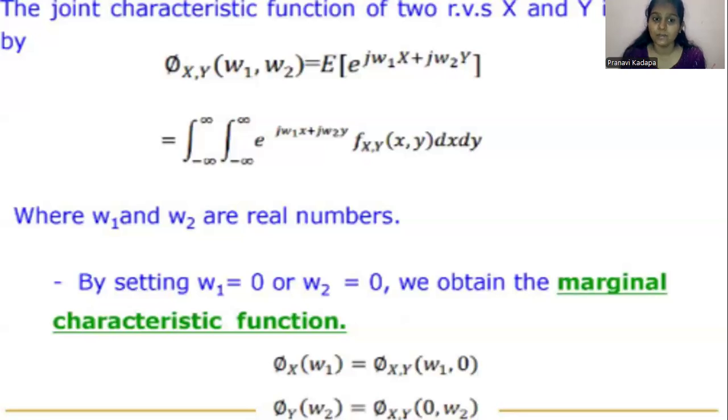By setting omega 1 equals 0 or omega 2 equals 0, we obtain the marginal characteristic function.